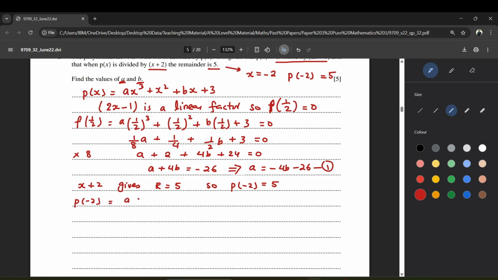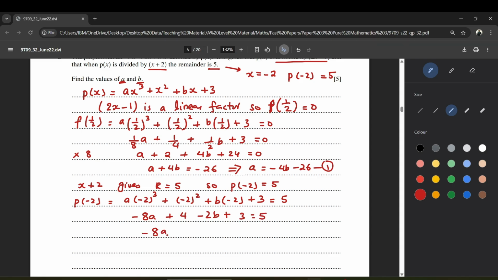So we have a times minus 2 whole cubed plus minus 2 whole squared plus b times minus 2 plus 3 equals 5. This will be minus 8a plus 4 minus 2b plus 3 equals 5.